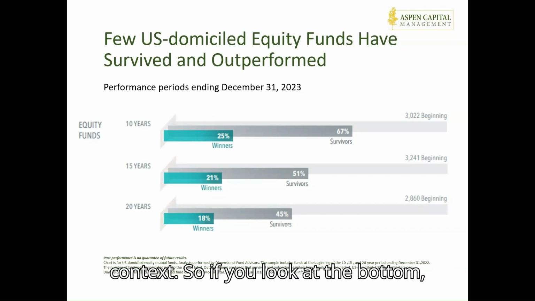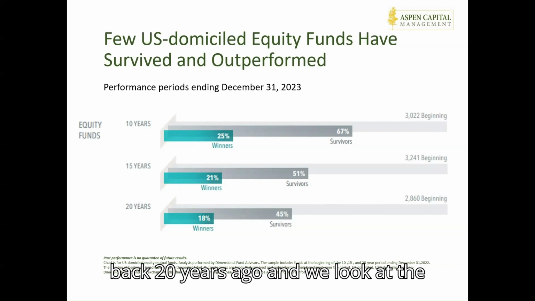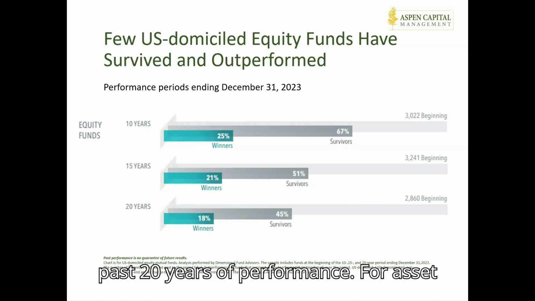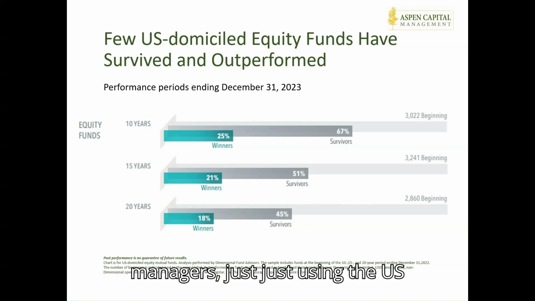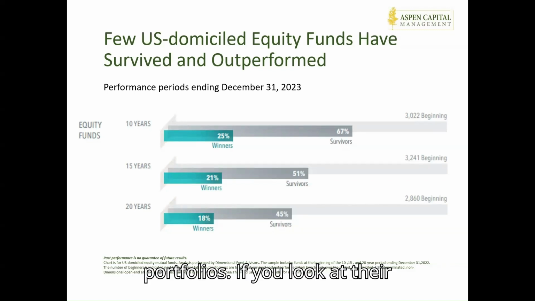So if you look at the bottom row here, if we go back 20 years and look at the past 20 years of performance for asset managers, just using the U.S. equity asset class here as a guidepost, 20 years ago, there were a little over 2,800 asset managers that were managing U.S. equity portfolios.